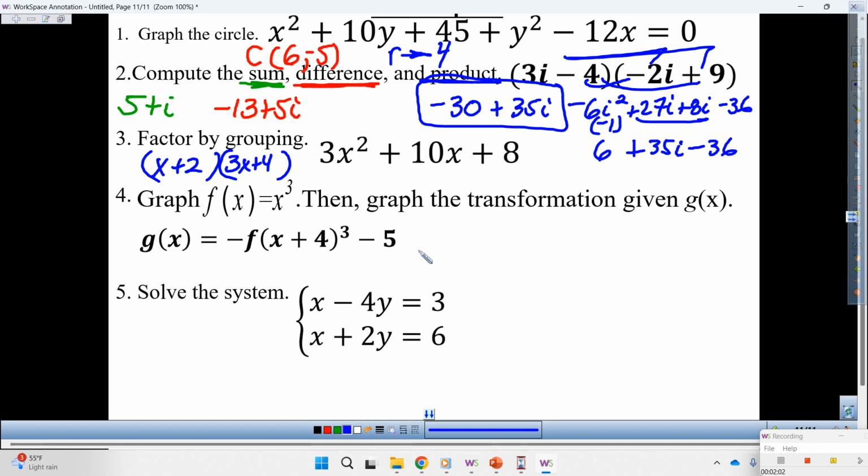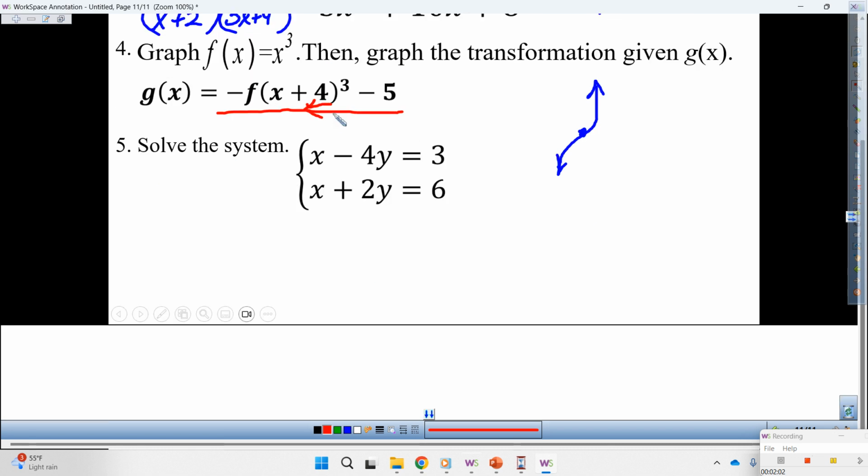All right, number 4. Our cubic function looks like this. What's going to happen according to this transformation? Talk to the neighbor, please. Enrique: 4 to the left, and then 5 down.